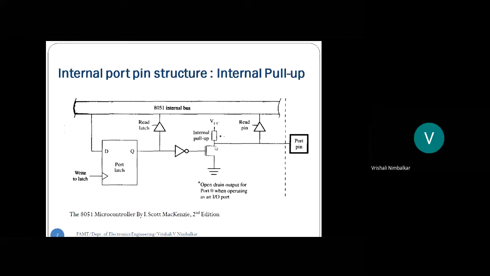And whenever the MOSFET is off, the port pin gets connected to VCC through this internal pull-up. And hence, the output of that pin becomes logic 1. Is that okay? And that is the reason logic 1 appears on the pin. Because of whom? Because of this pull-up circuit. Hence the name pull-up. Is that okay?